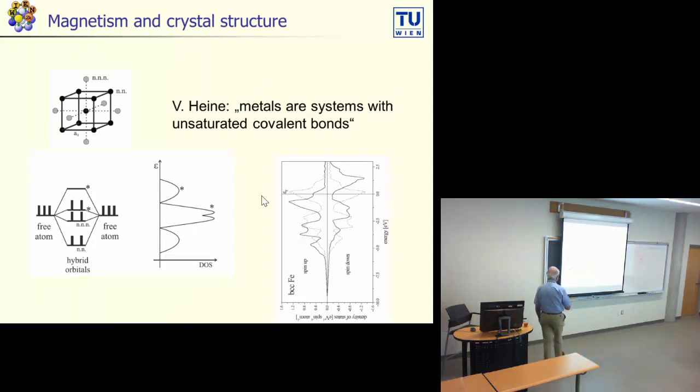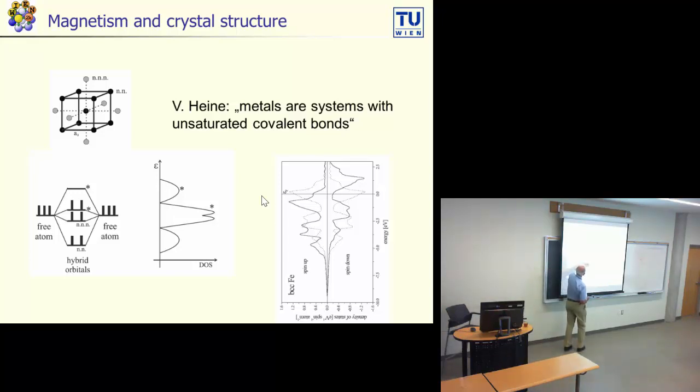Now let's see whether we can understand the density of states. Volker came up with a very simple picture to show where it comes from. If you have iron, then you have nearest neighbor distances, and the nearest neighbors form bonding and anti-bonding states, and this is the basis for these two peaks.